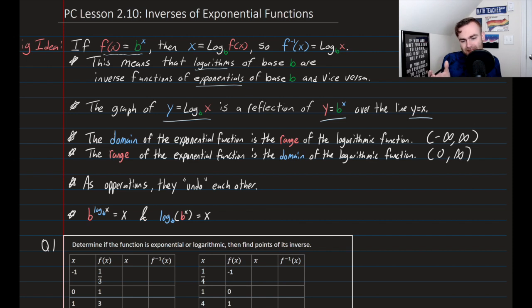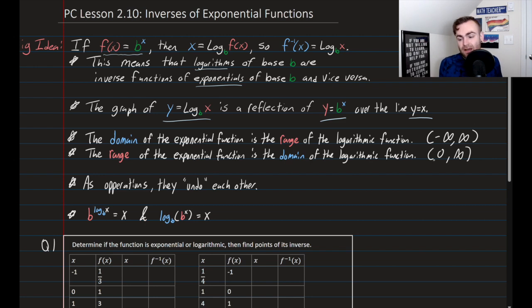What this also means is that the domain of an exponential function, which is negative infinity to positive infinity, now becomes the range of a logarithmic function, and the range of an exponential function now becomes the domain of the logarithmic function. So the logarithmic function is a little weird.